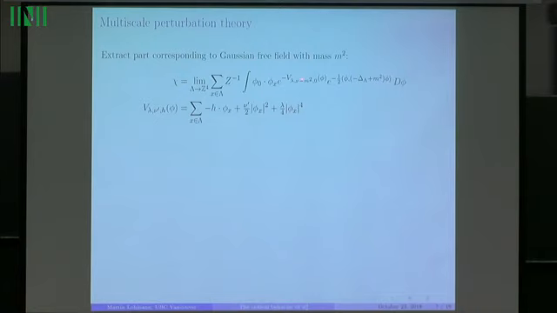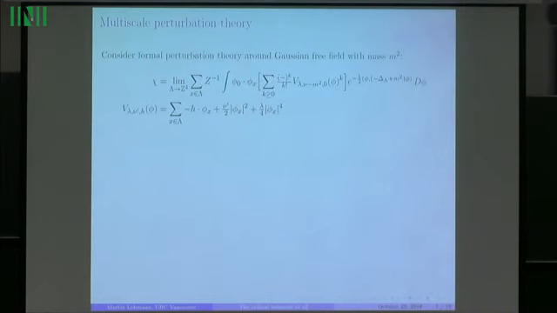And so I want to study this object formally as a perturbation of this Gaussian measure, the free field measure. And what does it mean to study this as a perturbation? Well, I just expand the exponential like that, and then I illegally commute the series with all the other limits like that.